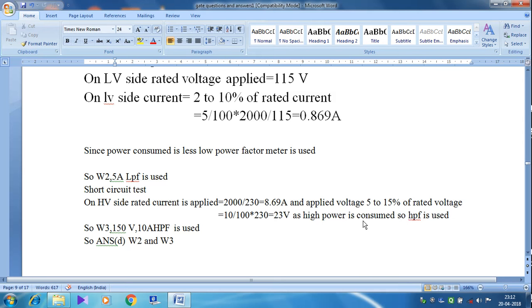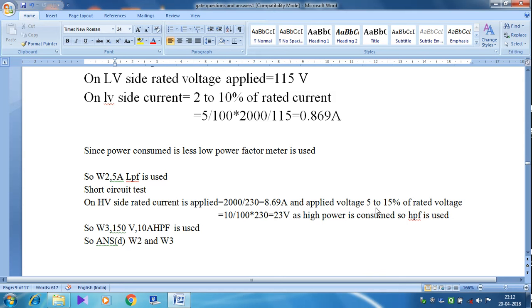Because the secondary side is shorted, this is the short circuit test. As it is short circuited, for small values of voltage we can get the rated current.